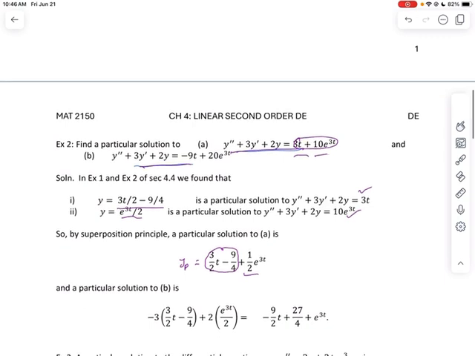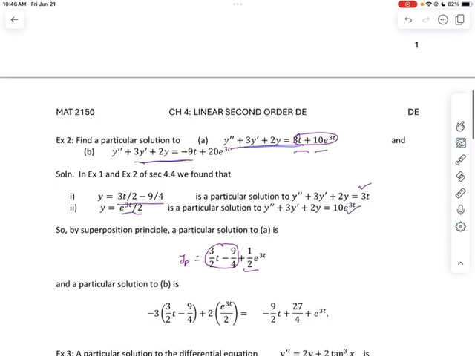Okay, so second example, because now the right side part is negative 9t plus 20t. So if you notice, negative 9t is actually negative 3 times 3t. So the particular solution for 3t we know, so we multiply that by negative 3.